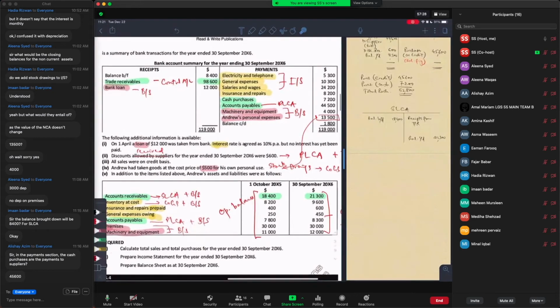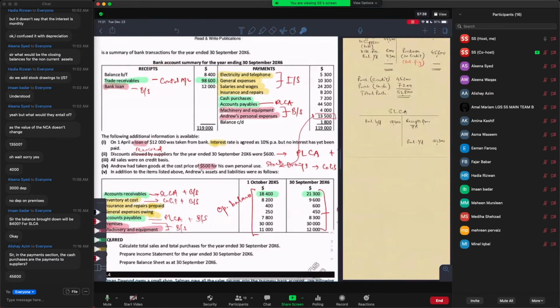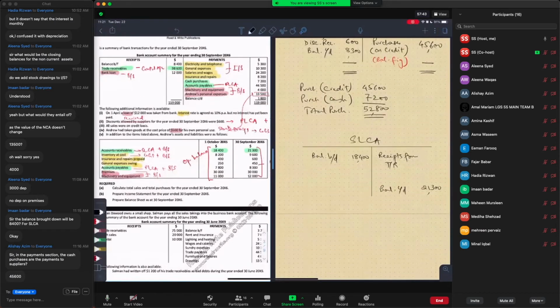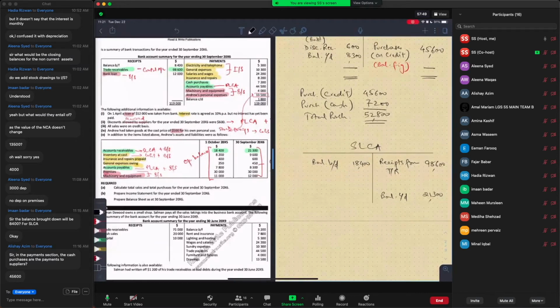That's your bank account, receipts, and that is the amount that you recovered from your trade receivables, $98,600. So that is what we are going to use here from trade receivables, $98,600.